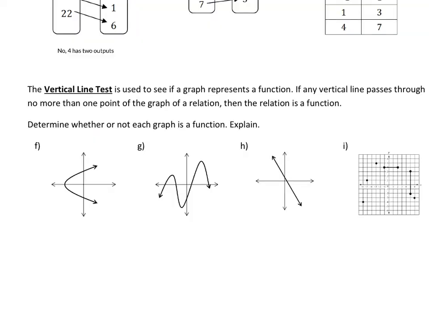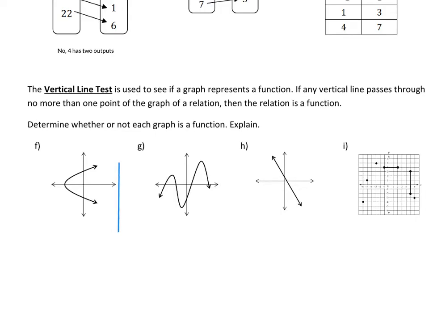The vertical line test is used to see if a graph represents a function. If any vertical line passes through no more than one point of the graph of a relation, then the relation is a function. Determine whether or not each graph is a function and explain. So for the vertical line test, we need a vertical line. So I'm going to go ahead and draw a vertical line.